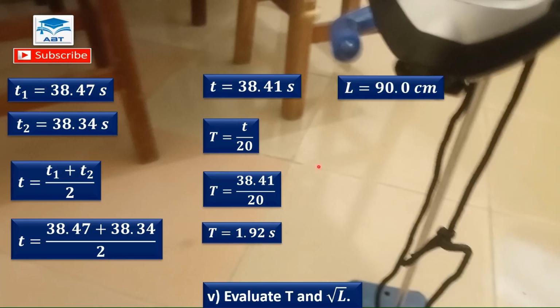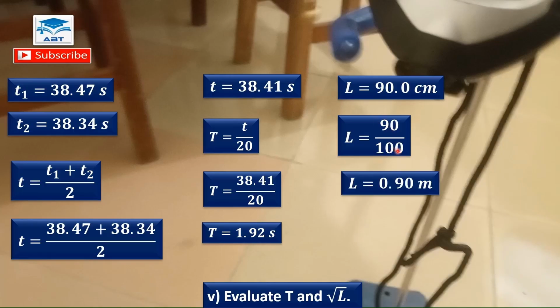And for L, we have L to be 90.0 centimeters. We then convert it to meters by dividing by 100, which gives 0.9, but we leave it in 2 decimal places, so we have 0.90 meters.